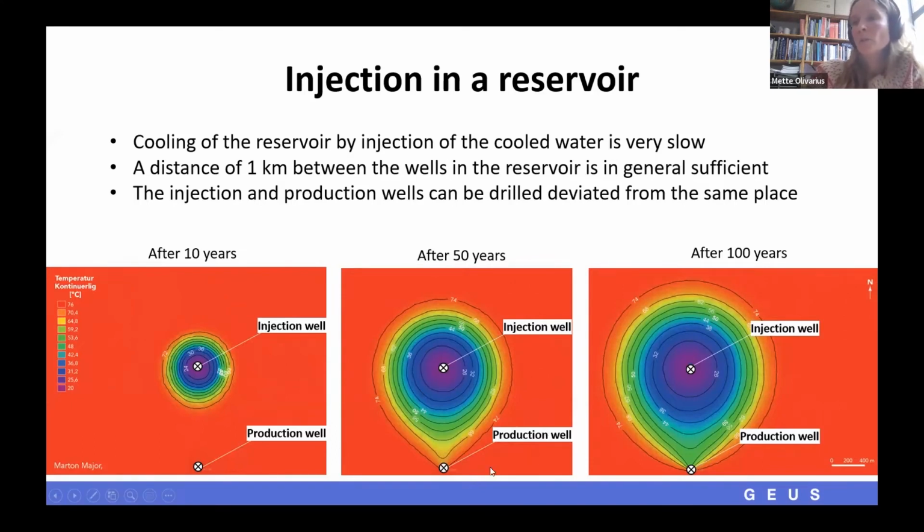And that is also what we have seen in the existing plants. So such a geothermal plant potentially has a very long lifetime. And when the cold front hits, it's also in very slow motion.